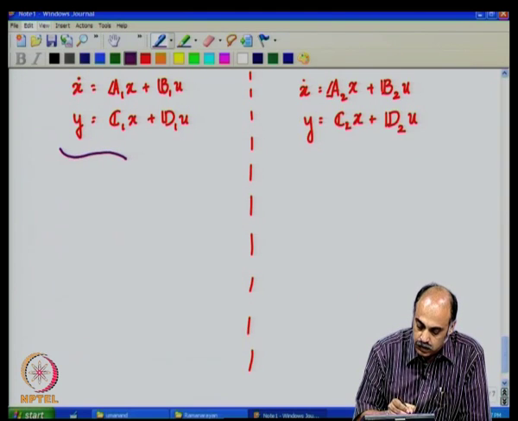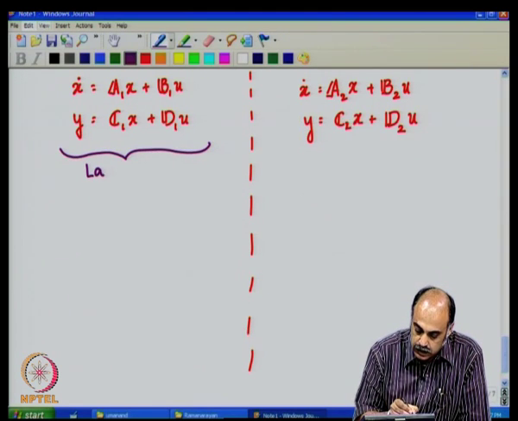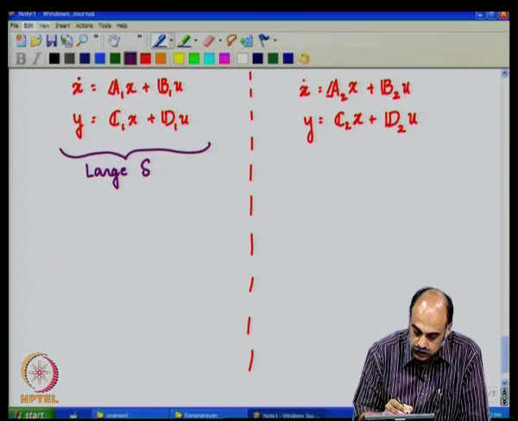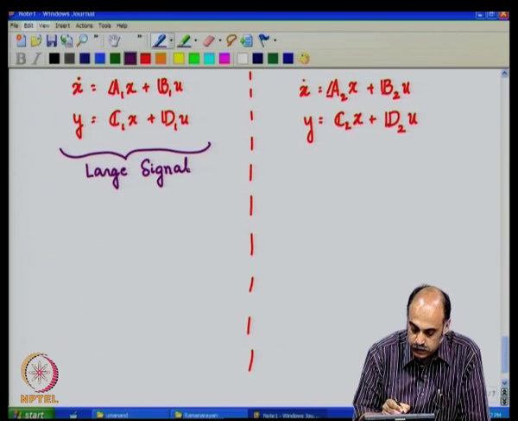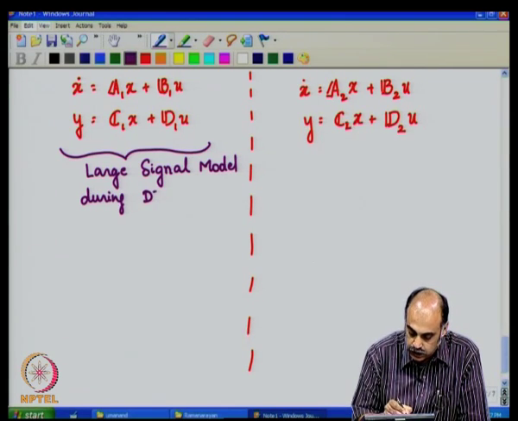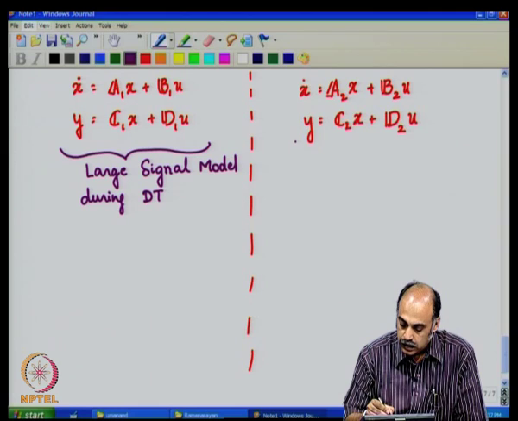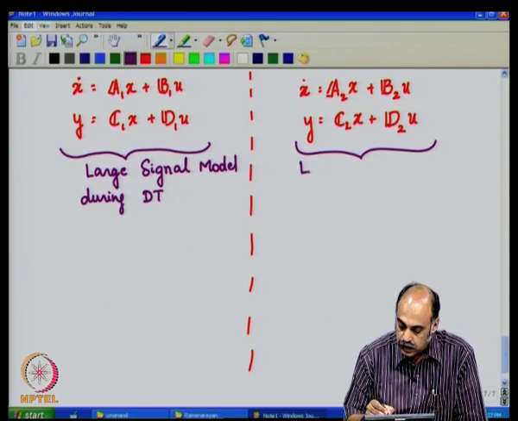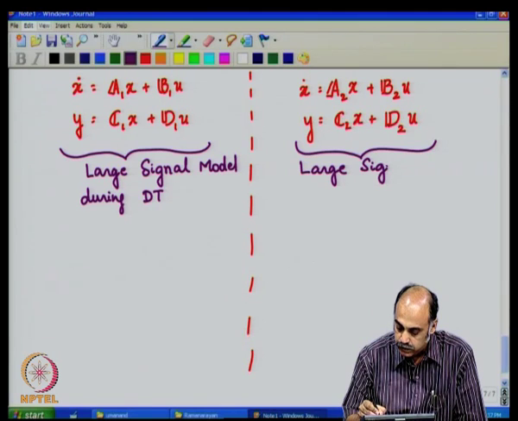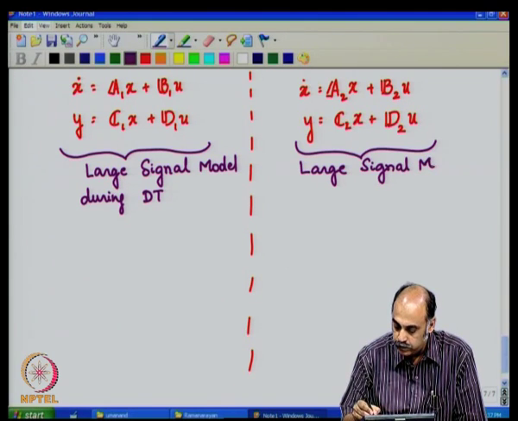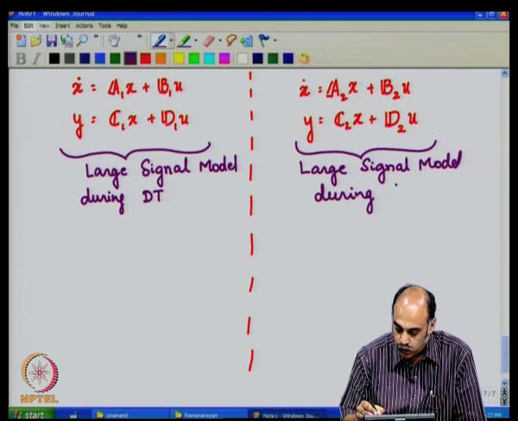So, these are called the large signal model during the dT period of time, and this is the large signal model during 1 minus dT.